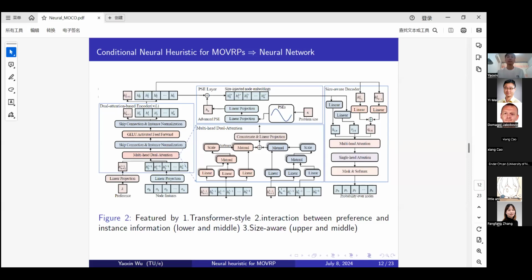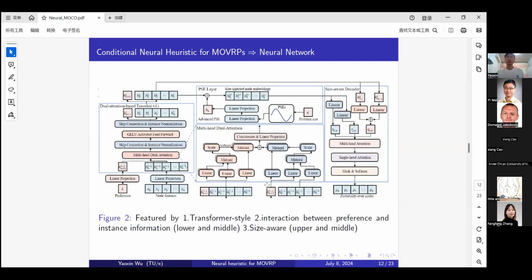To fully interact the preference and the information of the instance, we use this multi-head dual attention. It means in this attention computation, we not only do the self-attention for the preference and node coordinates, but we also do the cross-attention between the preference and node coordinates.